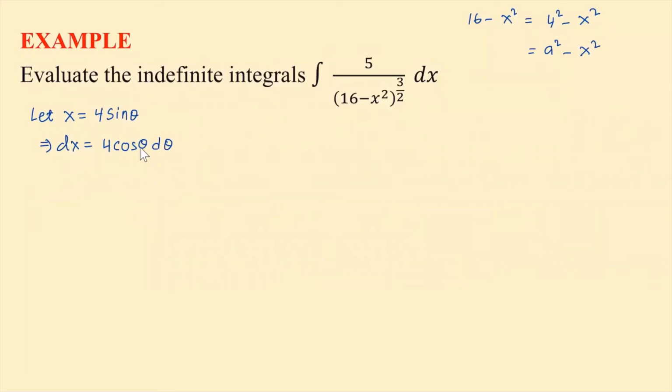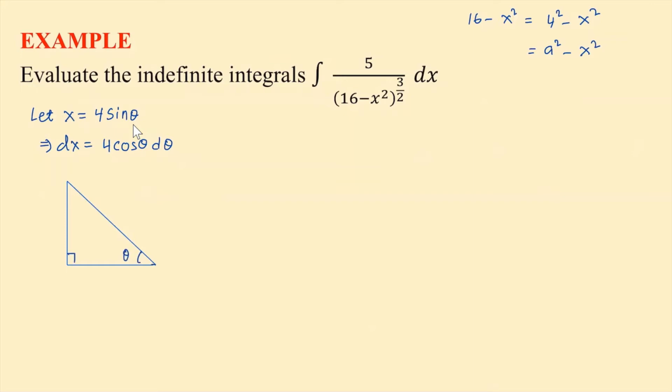Now we are going to construct a right triangle to represent x equal to 4 sine theta. So let's do that. You construct a right triangle because we are performing the trig substitution. So you need the right triangle with the reference angle theta.